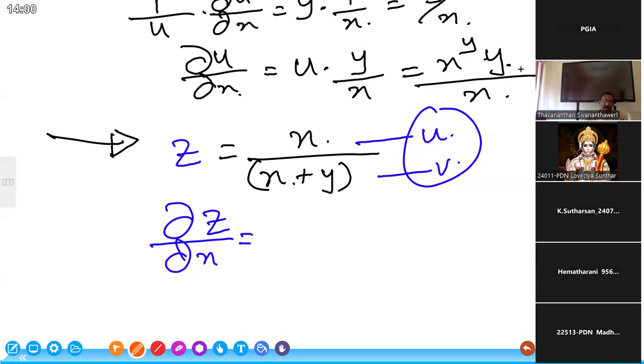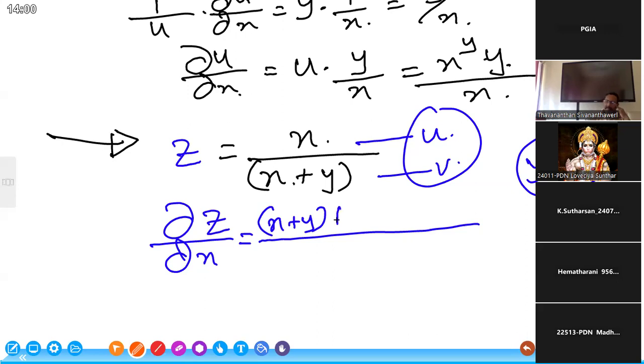Do I need to tell that one? For example, z equal to u by v. Can you remember the rule? The rule is v into u dash. What is v here? x plus y. So x plus y is v into, u dash, we have to differentiate x. What is the derivative of x with respect to x? That is 1.